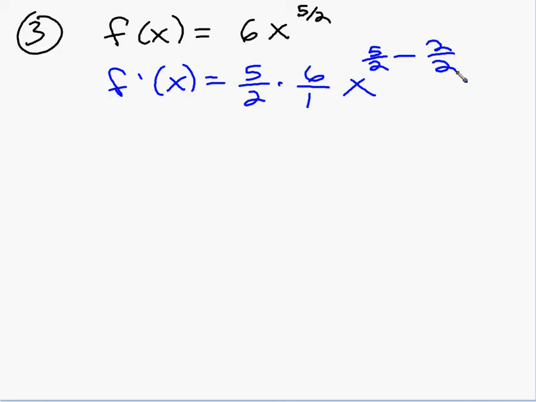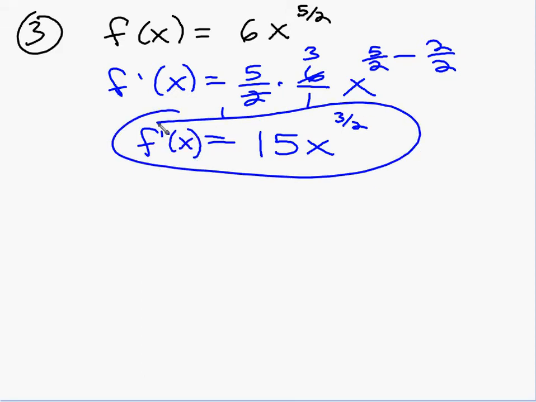Okay, so now I need to clean this up a little bit, do my factoring. So this will become 15x, 5/2 minus 2/2 is 3/2. The derivative, the general slope function, would be 15x to the 3/2 using the power rule. Definitely shorter than the definition of derivative, I would say.